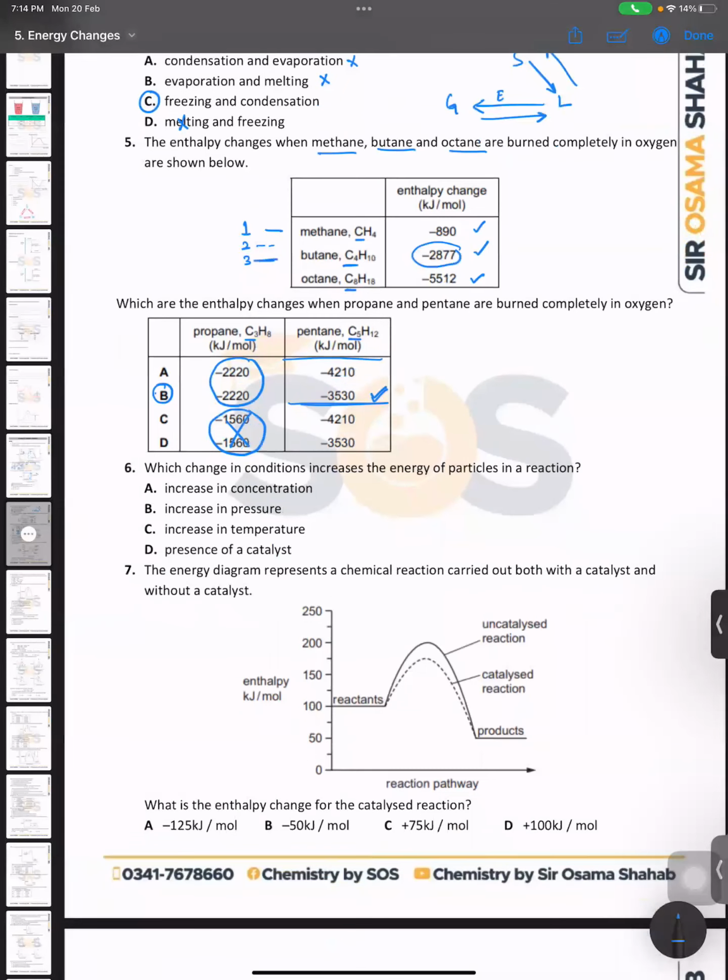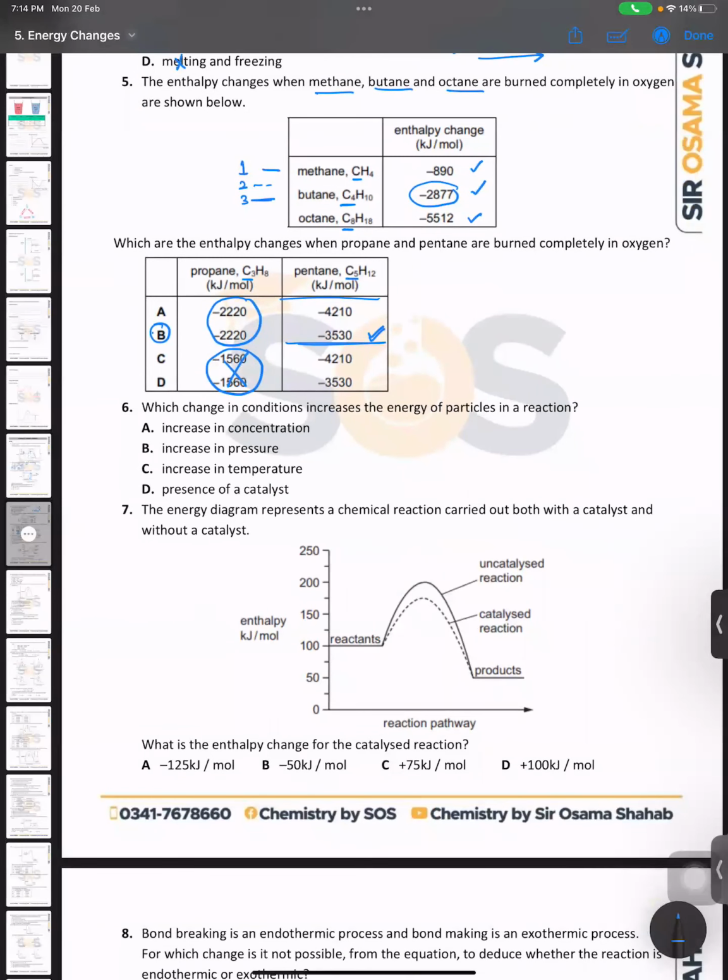So question number 6, which change in condition increase the energy of particles in a reaction? जी, तो मुझे इसका आंसर बता सकते हैं आप अहमद जाफरी? Yes, Ahmad, can you answer this?